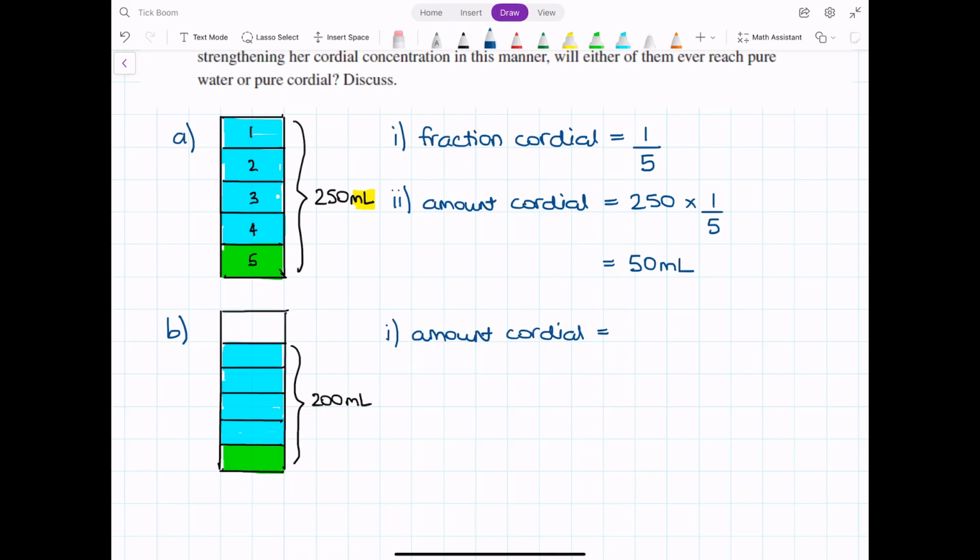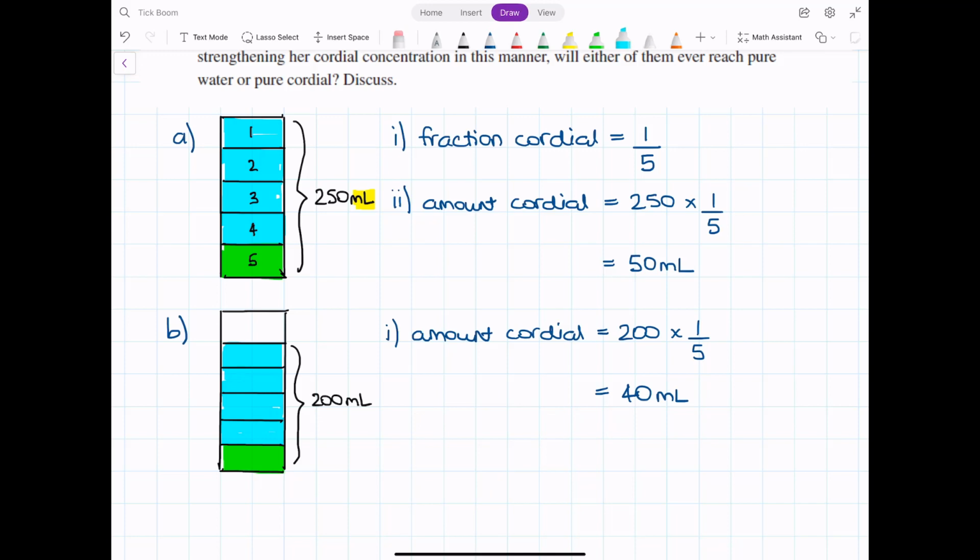There was 200 mils, and of that 200 mils, we know that 1/5 of it was cordial. You could do 200 times 1 on 5 in your calculator, or you could just say that's 200 divided by 5, which hopefully you would see in your calculator is 40 mils. So that's the amount of cordial.